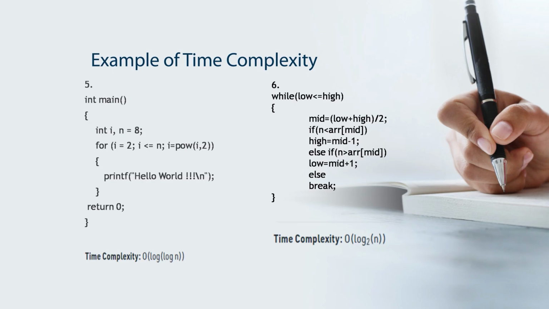And every time you can see low is less than or equal to high. Here in the while loop the complexity is log of n, because in binary search the total iteration is log of n, and every time the problem size is n by 2. Every time the length of the problem is halved. So, you can get the time complexity order of log n.